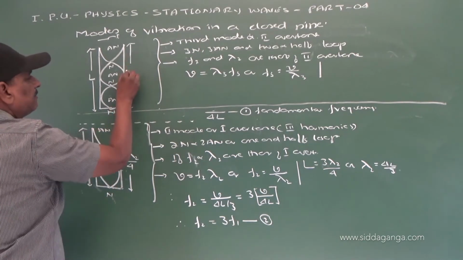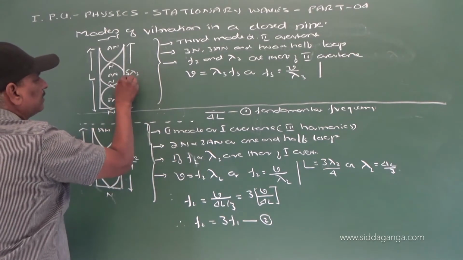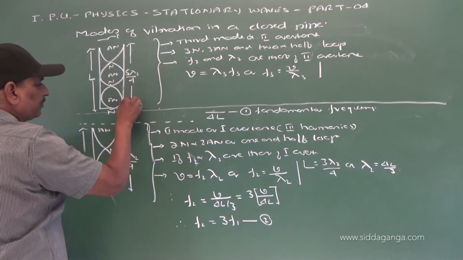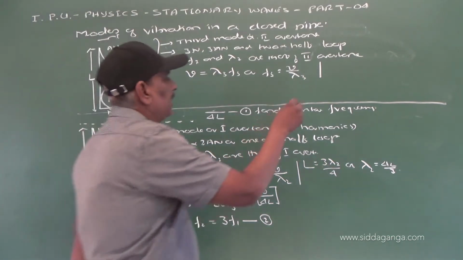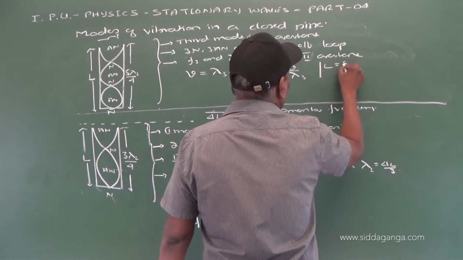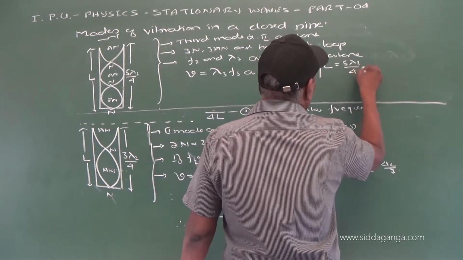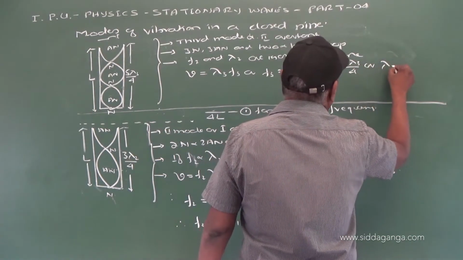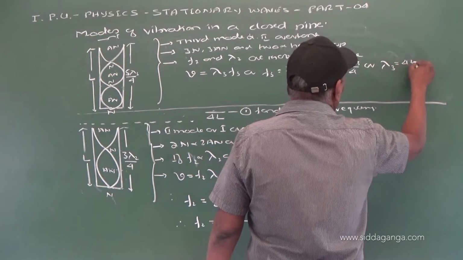So this is 5 lambda 3 by 4. So here L is equal to 5 lambda 3 by 4, or lambda 3 is equal to 4L by 5.